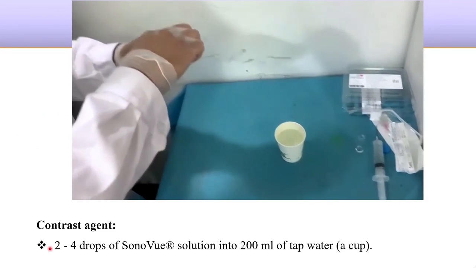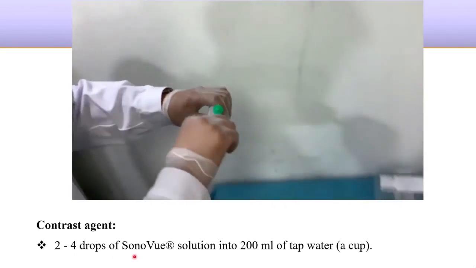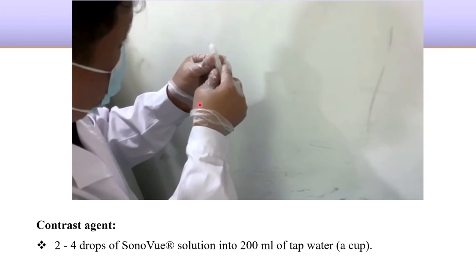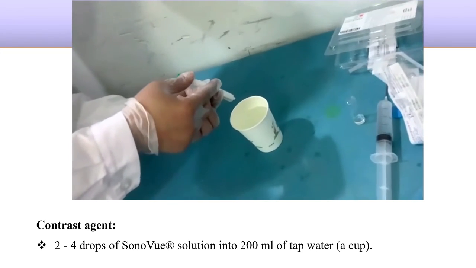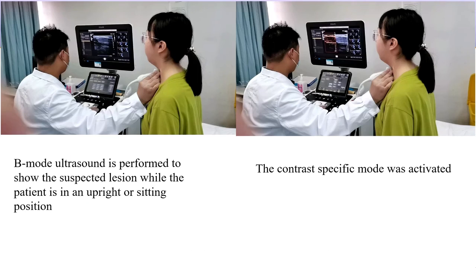For swallow contrast enhanced ultrasound, we took 2 to 4 drops of SonoVue into a cup of water. This video shows how we make the contrast agent. Fourthly, ultrasound is performed to show the suspect lesion with the patient in an upright or sitting position.